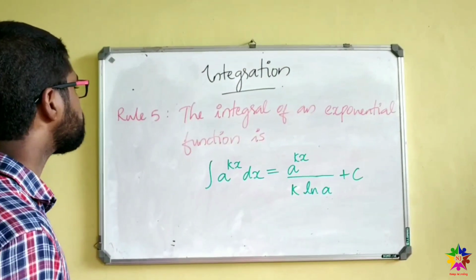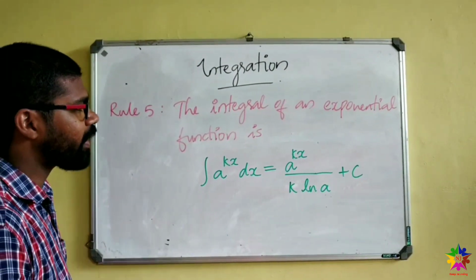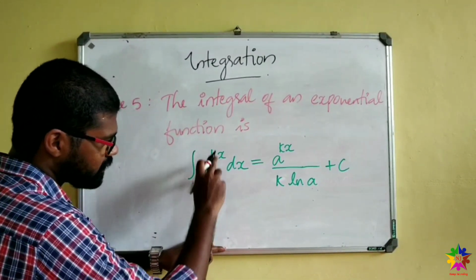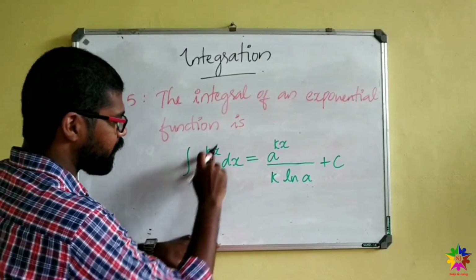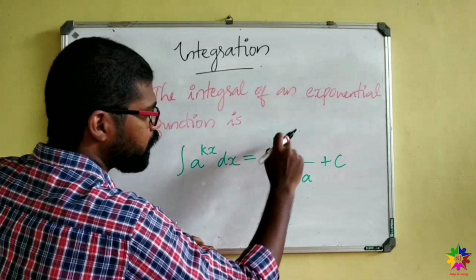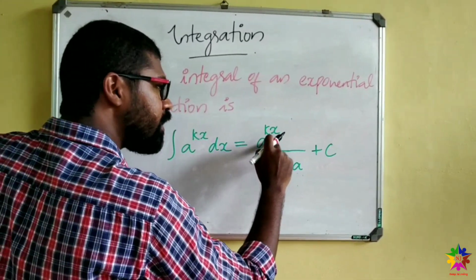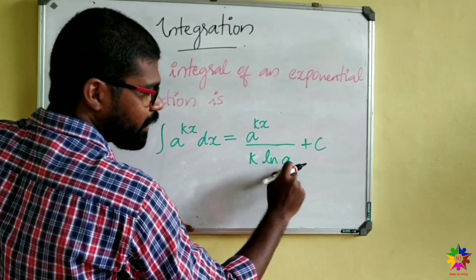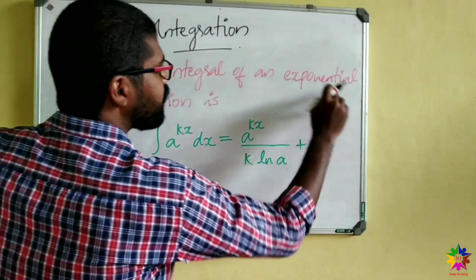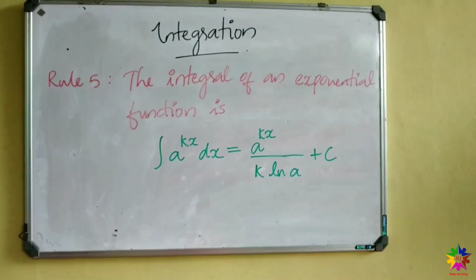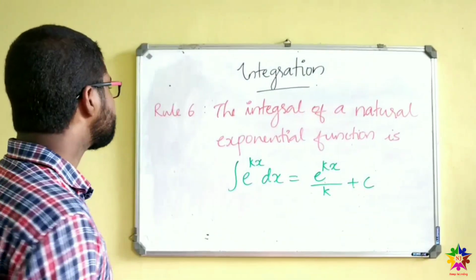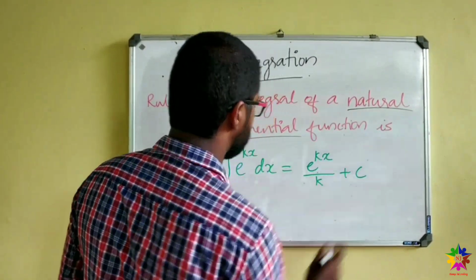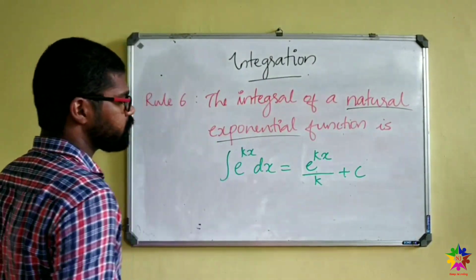Let us see the fifth rule. The integral of an exponential function: integral a raised to kx dx. It is an exponential function, so we take the numerator also as a raised to kx, but in the denominator we have k ln a, plus c. The sixth rule is the integral of a natural exponential function, that is e raised to kx.